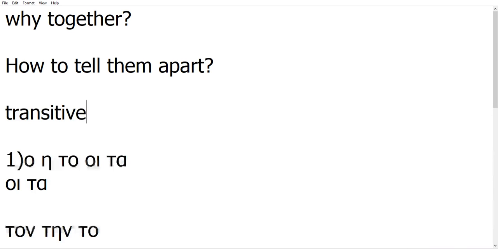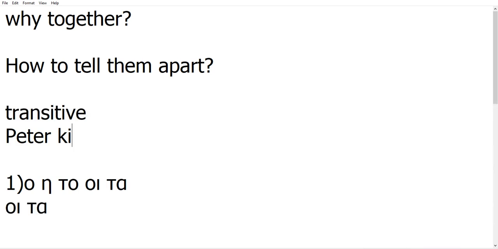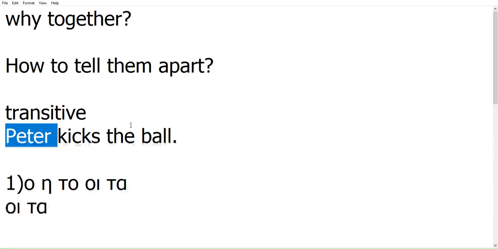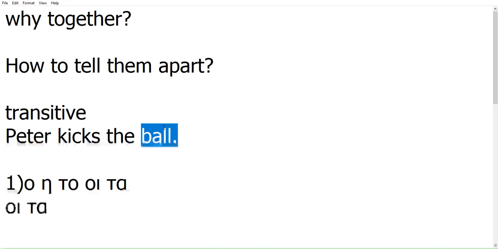Usually somebody who does something to an object, like Peter kicks the ball. So we say here the verb kick is transitive because somebody, Peter, does something to the ball.